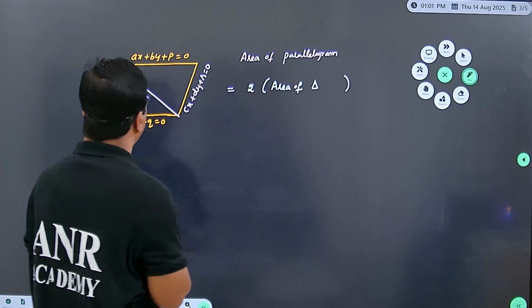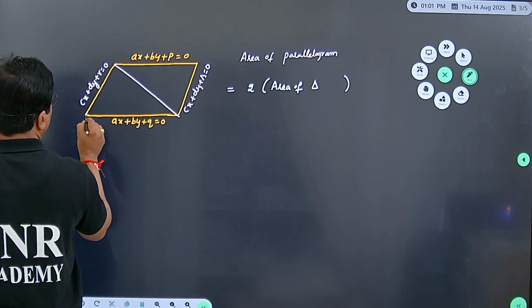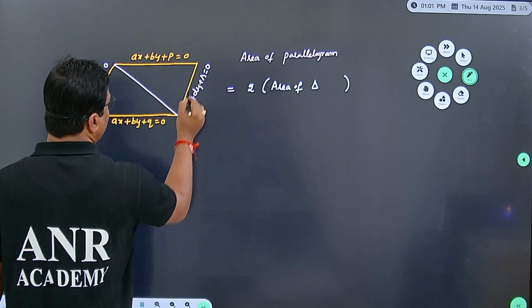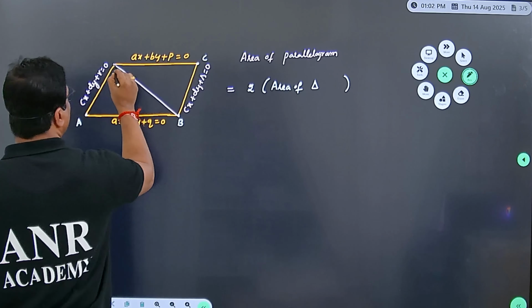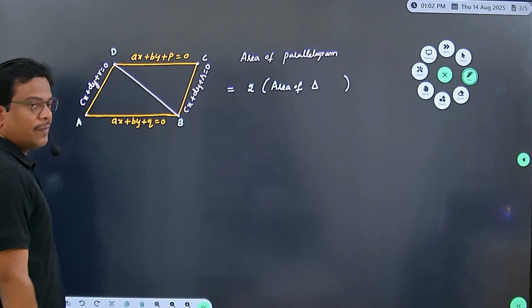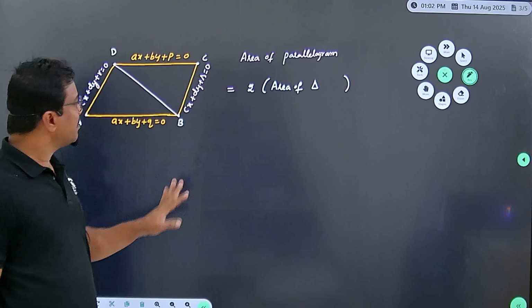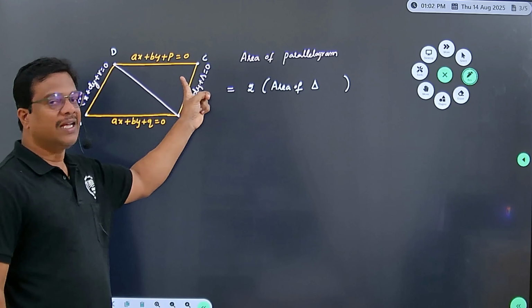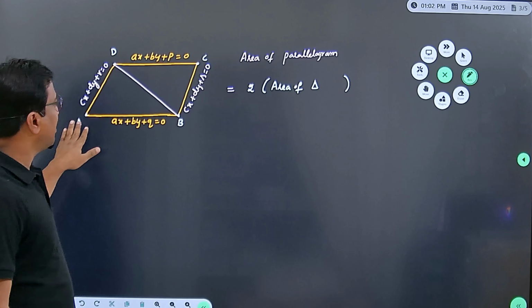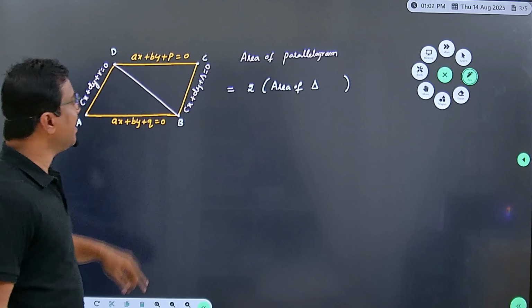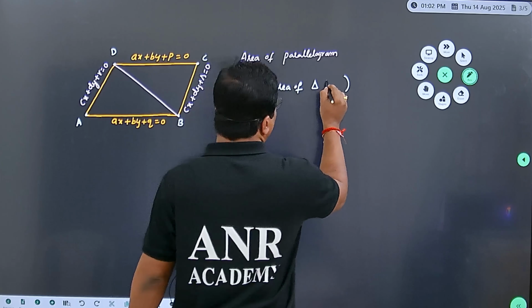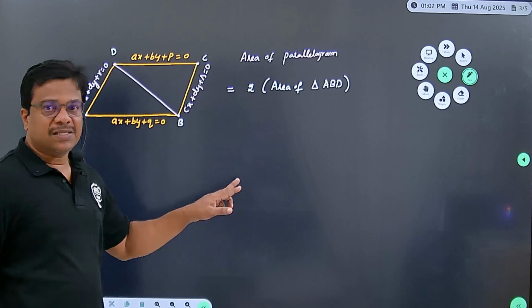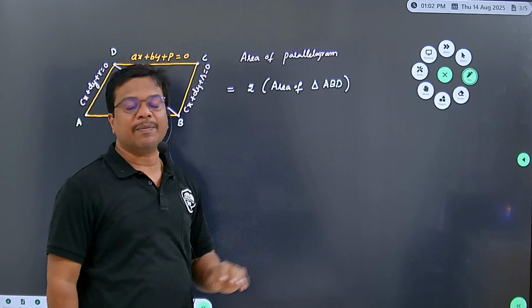Assume that the parallelogram has vertices capital A, B, C, and D. You may write 2 times the area of triangle ABD, or 2 times the area of triangle BCD. I am going to write 2 times the area of triangle ABD is the area of the parallelogram. Now my aim is to find the area of triangle ABD.